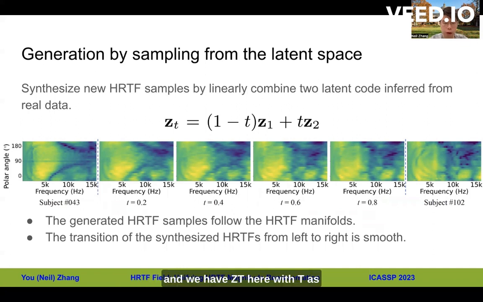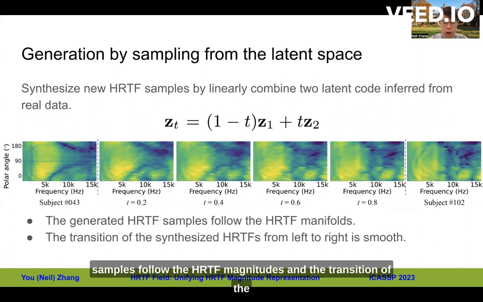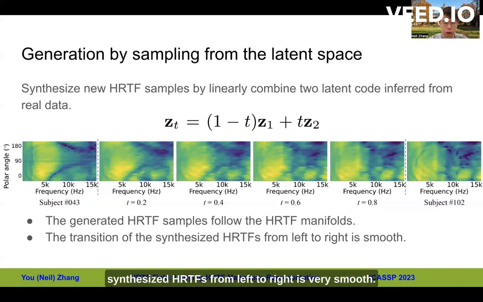We have Zt here, with t as the different ratios between these two latent codes. From Zt, we use our generative model to generate HRTFs. From the figure, we can see that the generated HRTF samples follow the HRTF magnitudes, and the transition of the synthesized HRTFs from left to right is very smooth. That shows that we successfully model the HRTF with this generative model.